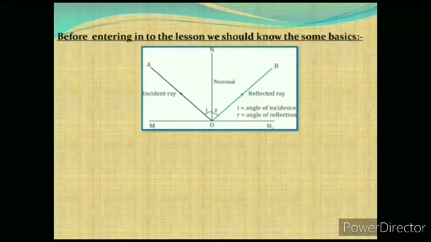ON is a line which is perpendicular to the surface, that is called normal. You are observing angle I between the incident ray and normal, and angle R between the normal and reflected ray.